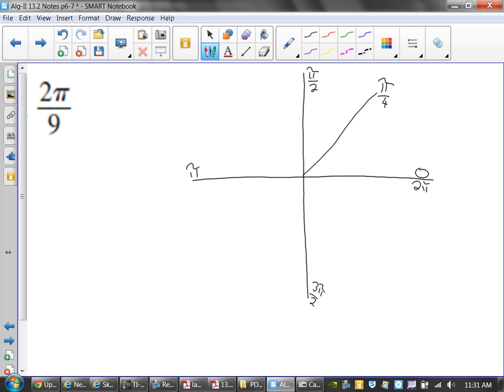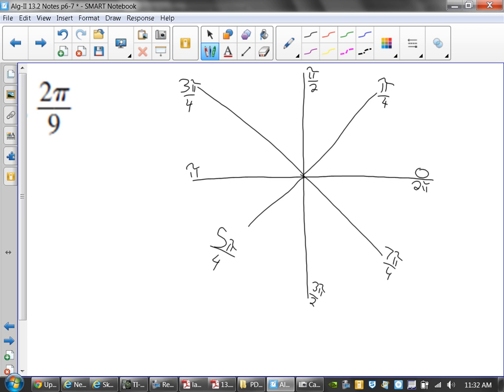Halfway over here would be 3 halves pi. 3 halves pi is here. 3/4 pi. Remember, watch this. 1/4, 2/4, 3/4, 4/4, 5/4, 6/4, 7/4.